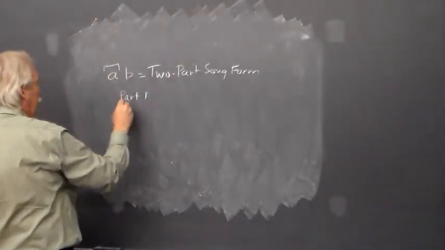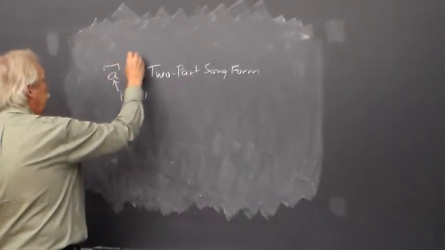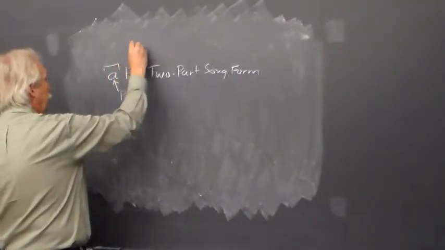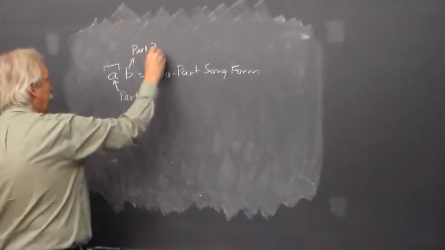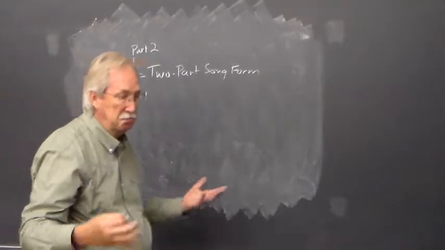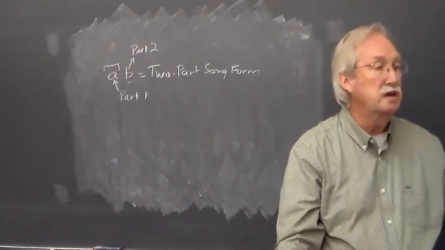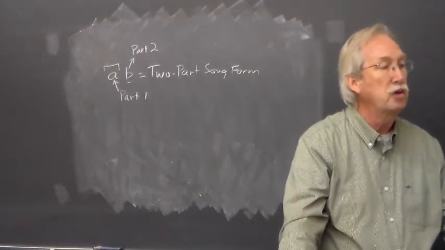Part 1 would be, and then part 2 would be that. And so that's very simple and basic, and so that's the shortest example of a 2-part song form.